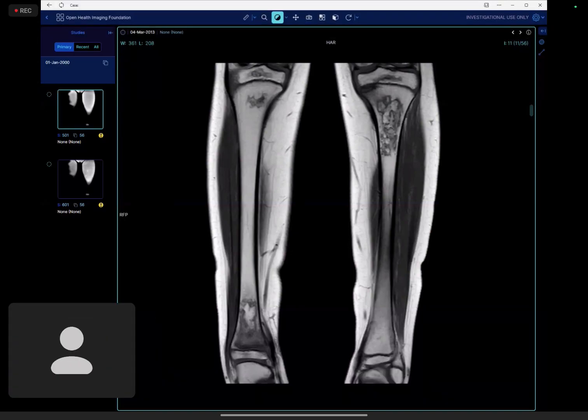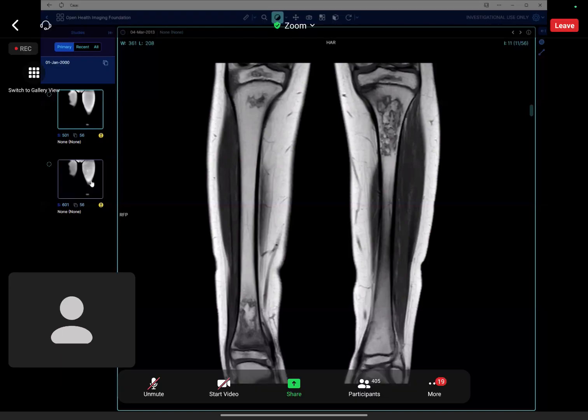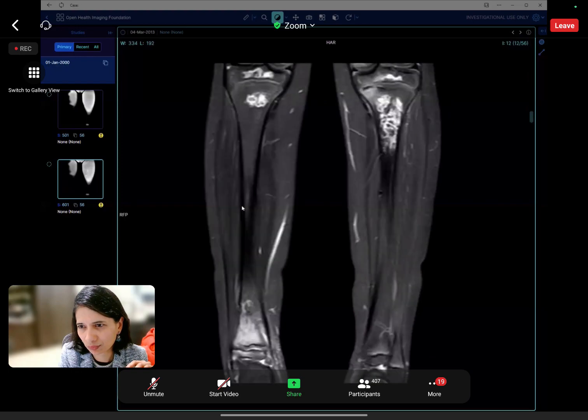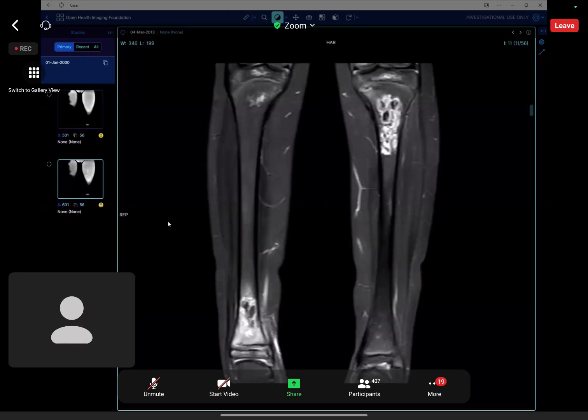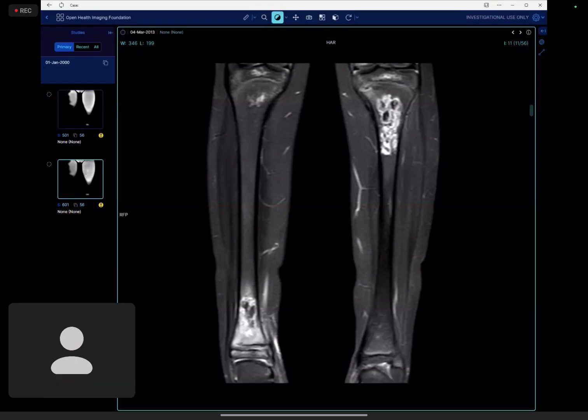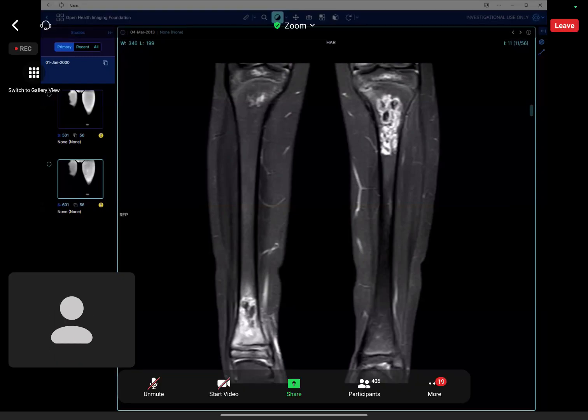On T1 weighted images, it has hyperintensity within the center surrounded by a hypointense rim in keeping with sclerosis. So this is giving a double rim appearance. I would like to see the lesion on T2 weighted images if available. The T2 weighted fat suppressed images show suppression within the center of the lesion with surrounding hyperintensity.